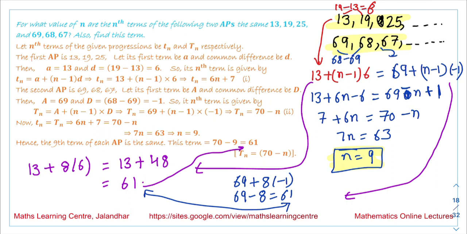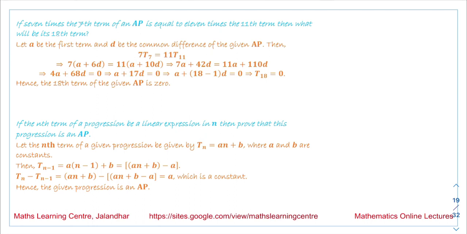Now next is, if 7 times the seventh term of an AP is equal to 11 times the 11th term of an AP, then what will be the 18th term? T18 we want to calculate.